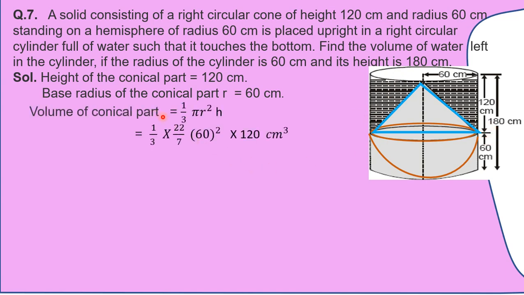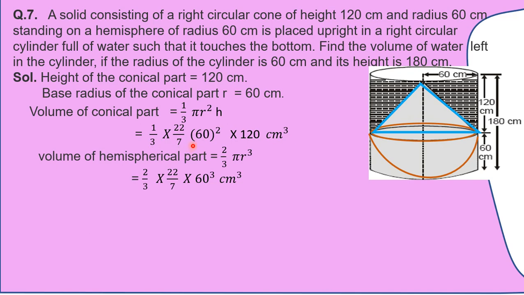So we can find the volume of cone, that is 1 by 3 pi r square h. 60 square we can write as 60 into 60, and put the value h is 120. So we get 1 by 3 into 22 by 7, 60 into 60 into 120 centimeter cube.